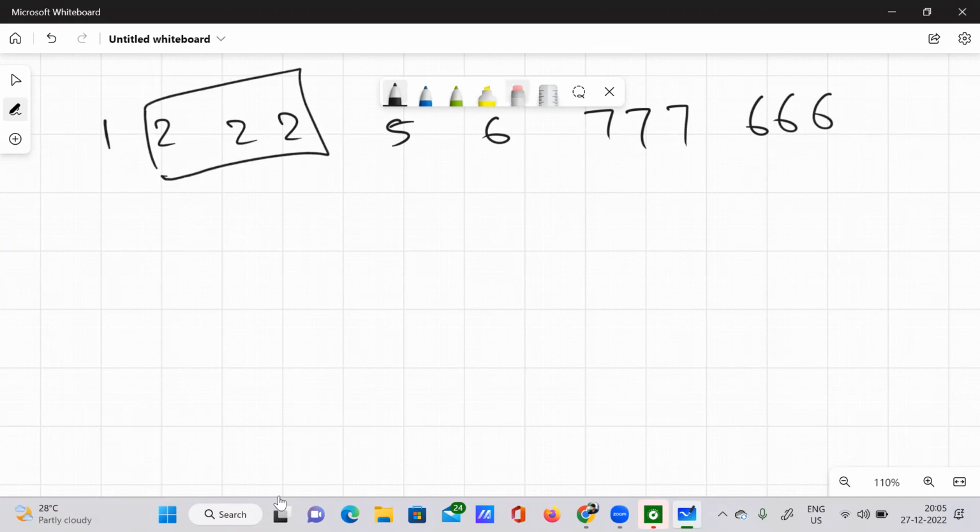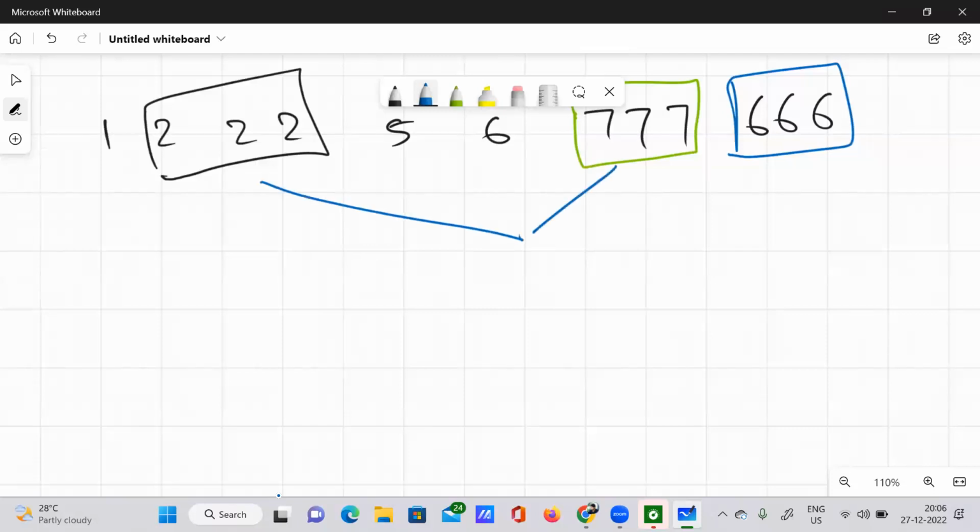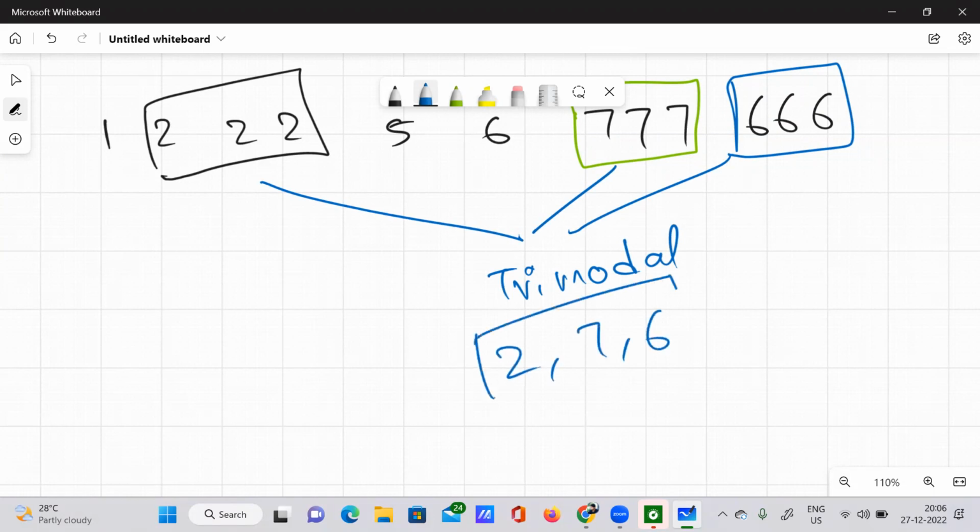This, this, this. Hence, it is a trimodal, right? It is a trimodal kind of data where you have three modes, that is 2, 7, and 6 are the modes here, right? So this is one kind of an example.